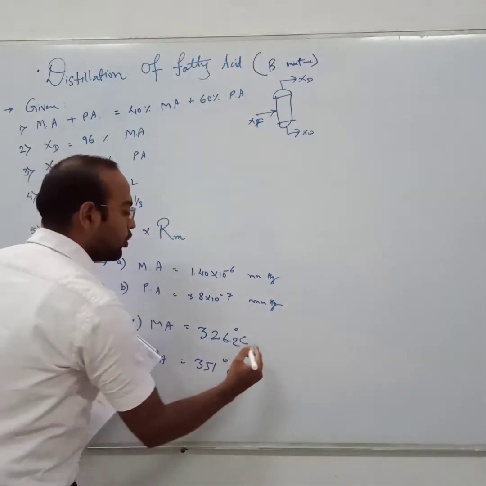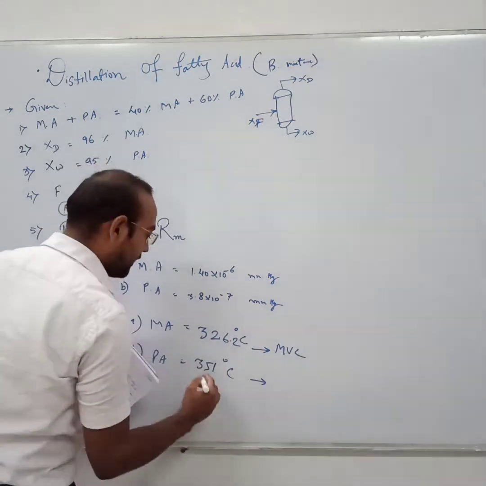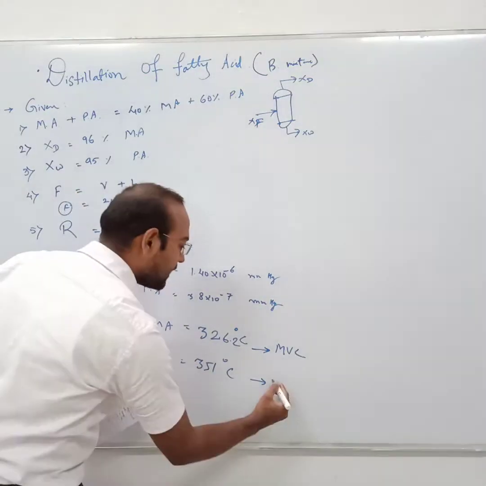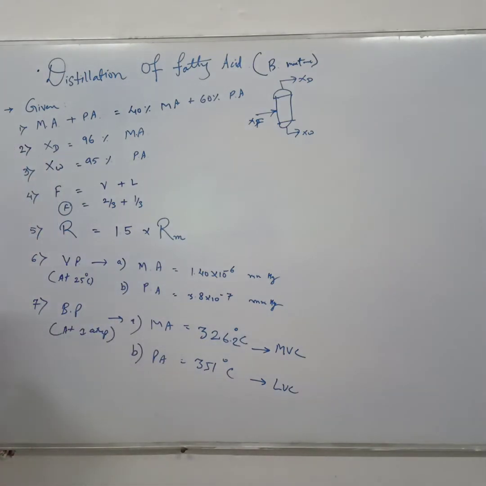So the more volatile component is myristic acid due to its lower boiling point, and the less volatile component is palmitic acid with a boiling point of 351 degrees Celsius.